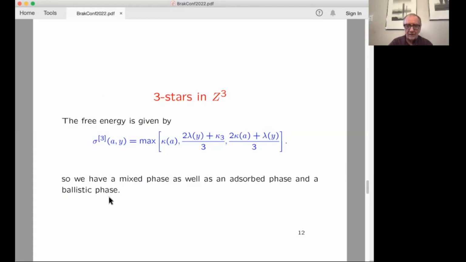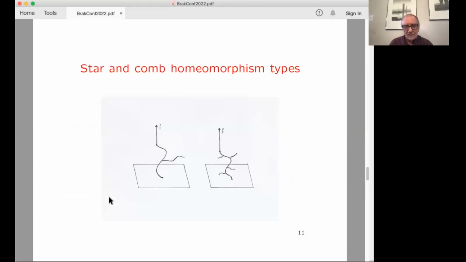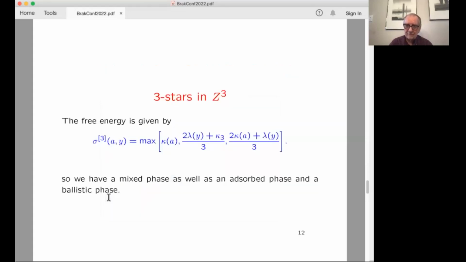So if I just go back, that third case corresponds to the branch at which the force is being applied being pulled off the surface, and the other 2 sitting in an adsorbed phase. So we have what we call a mixed phase, where part of it is ballistic and part of it is adsorbed, as well as an adsorbed phase and a ballistic phase.